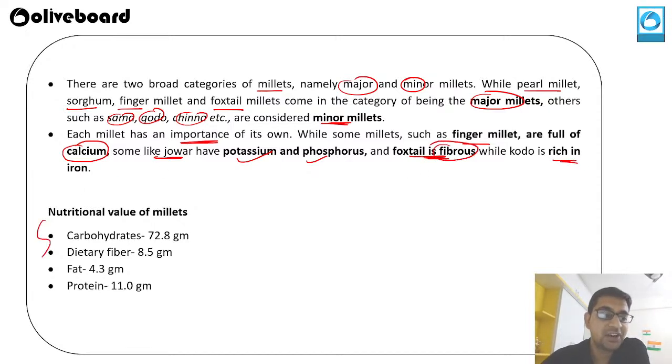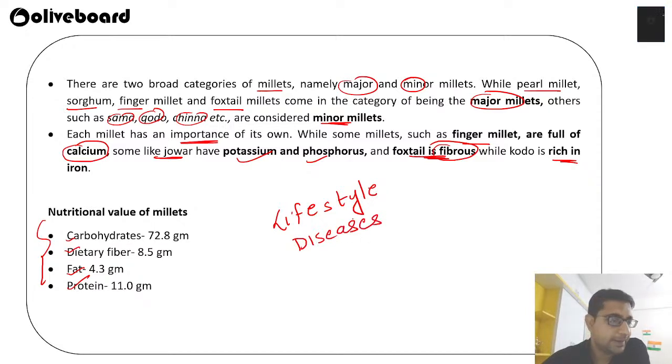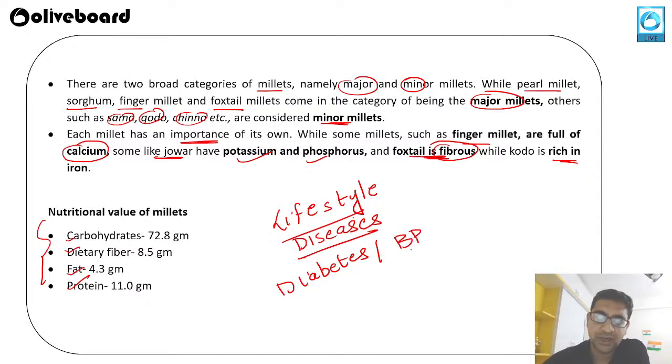Normally the nutritional value of these millets is that they provide carbohydrates, dietary fiber, fats, and proteins in proper ranges. And right now you know that many lifestyle diseases have come, like diabetes, then blood pressure, and all these things, because of the type of food that we are consuming nowadays.